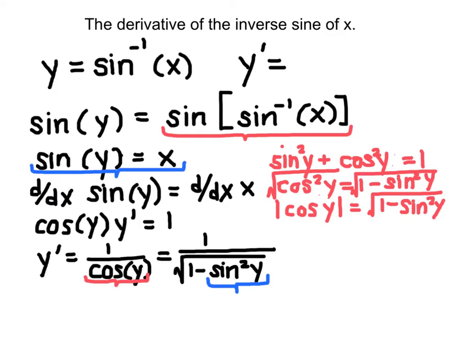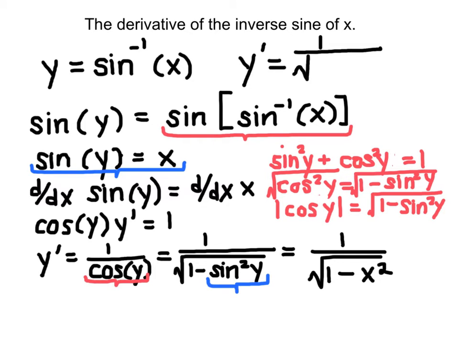So we can just substitute in x for the sine of y, and we get y prime is equal to 1 over the square root of 1 minus x squared. I need you to commit that to memory, but that is the derivative of the inverse sine of x. So let's write that in up here. If y is equal to the inverse sine of x, then y prime is equal to 1 over the square root of 1 minus x squared.